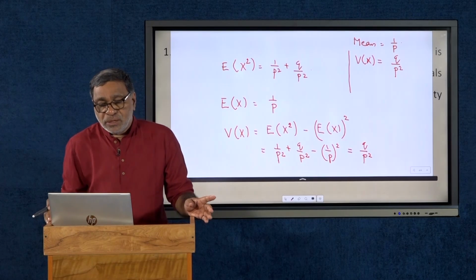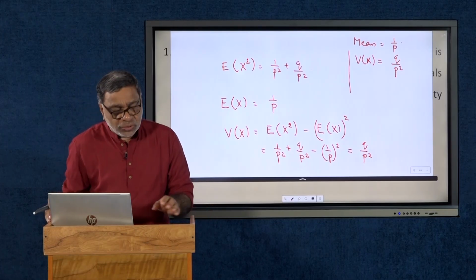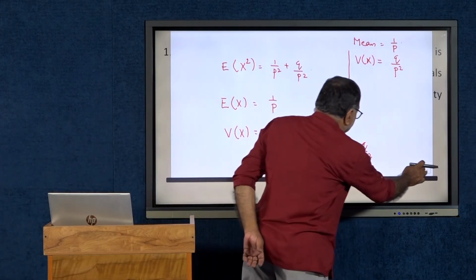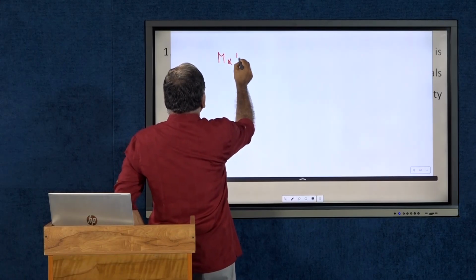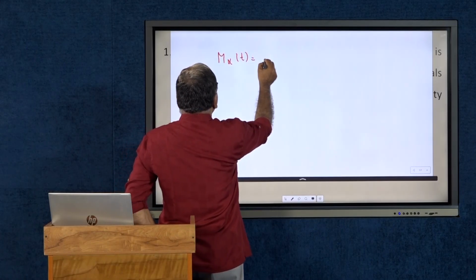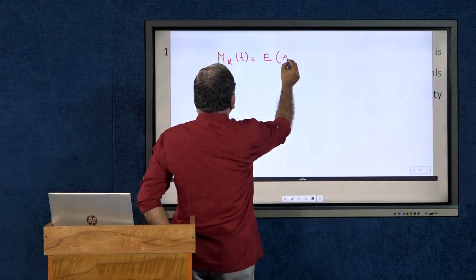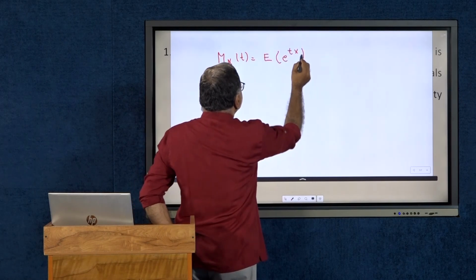And now you find the moment generating function also. To find the moment generating function, M x of t is equal to the expectation of e power t x.